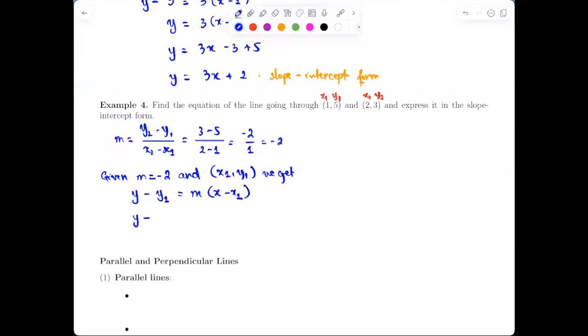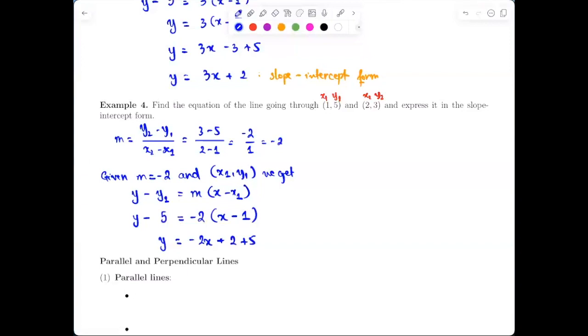So y minus y1, which is 5, equal to m, which is -2, times x minus x1, which is 1. All right. Now that is the point-slope form. You want to turn this into the slope-intercept form. So that is y equal to -2x plus 2 plus 5.